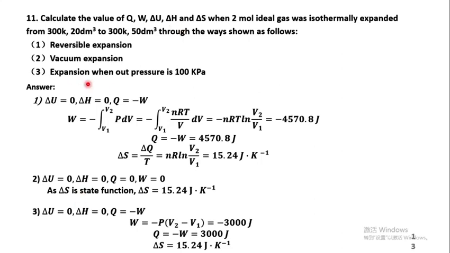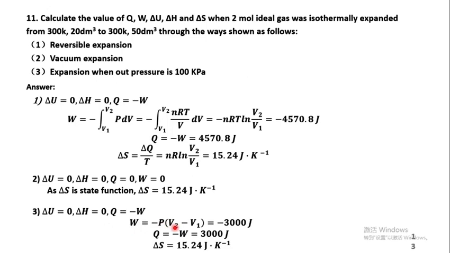Because for the three different processes, the initial state and the final state of this gas are the same, the delta S should also be the same. So delta S equals this one, just the same as the first small question. Also for the third small question, delta S equals this one.